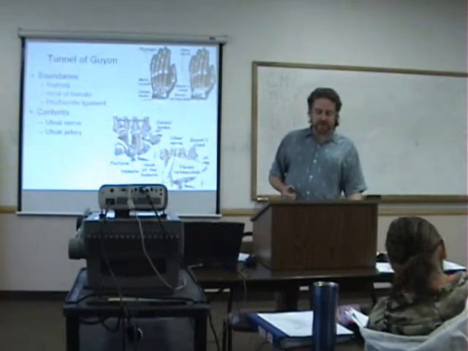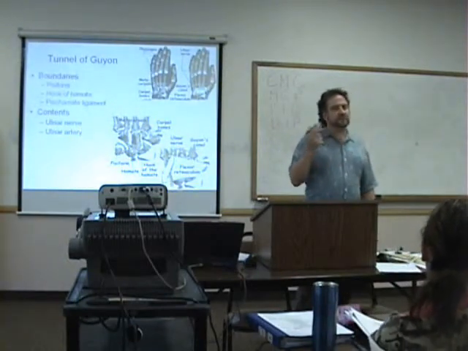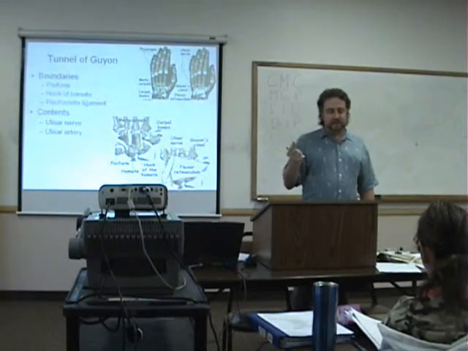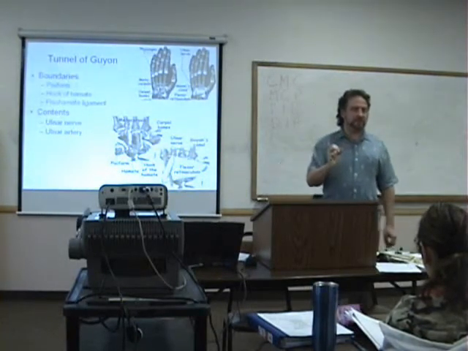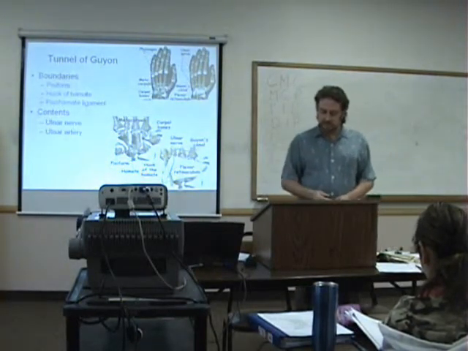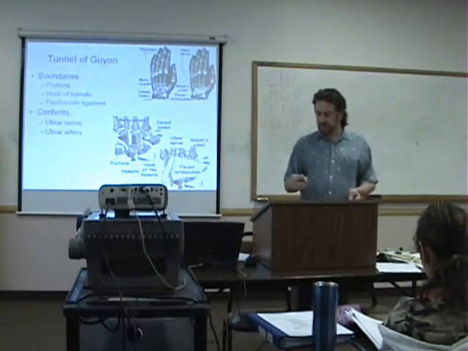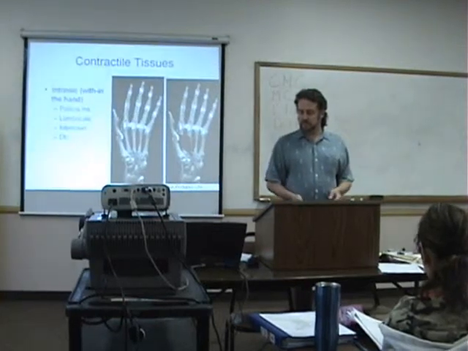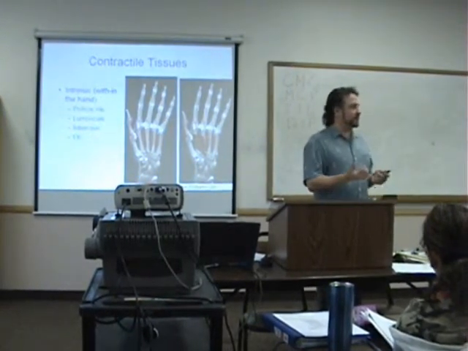All right, so those are all the inert tissues. We talked about the bones, the joints, ligaments, and then the things that make up the tunnels that the nerves go through. And now we get into the contractile tissue. We divided that into two categories.